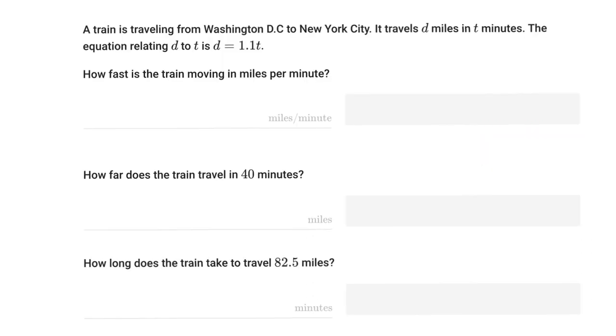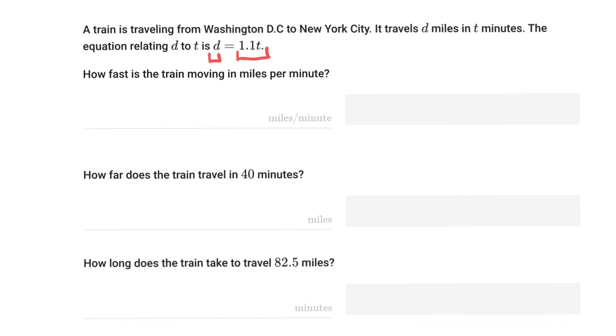This next problem says a train is traveling from Washington, D.C. to New York City. It travels d miles in t minutes. The equation is relating d to t by d equals 1.1 t. So t is going to be our independent variable because it's inside the equation, and d is our dependent variable because it's what we are trying to find.